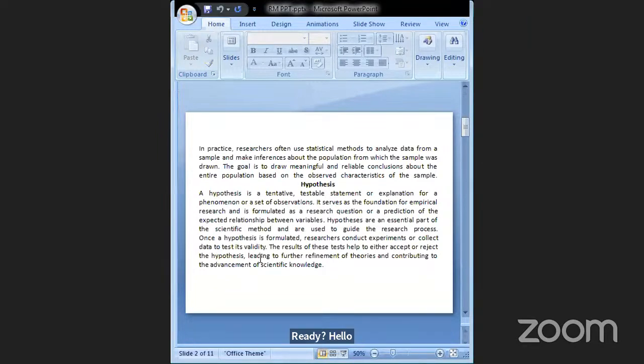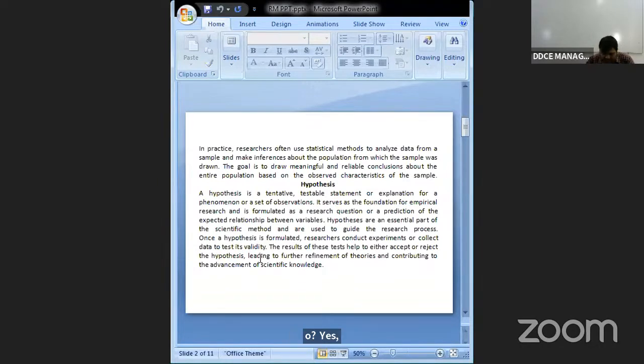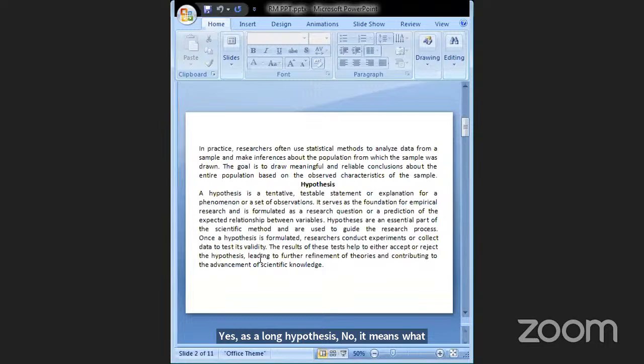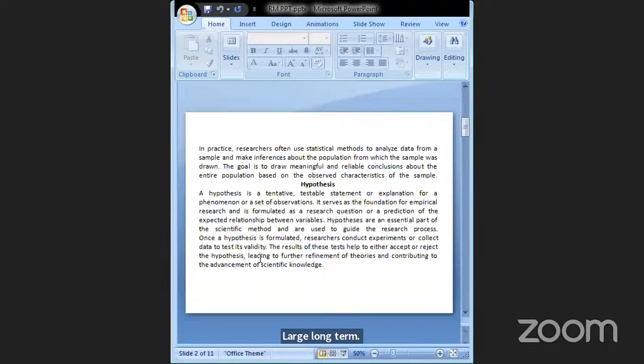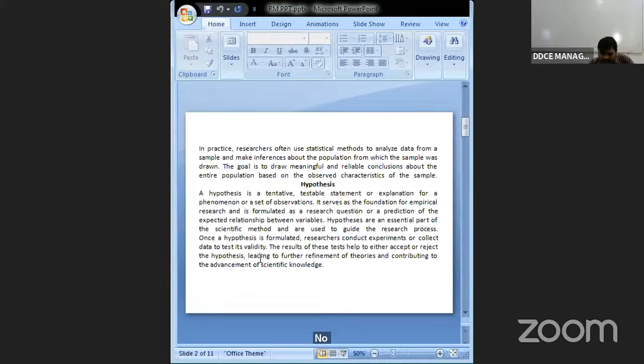As null hypothesis, what do you mean by null? Null, N-U-L-L, null. Zero, sir. Zero. There is no change or no relation or nothing else.